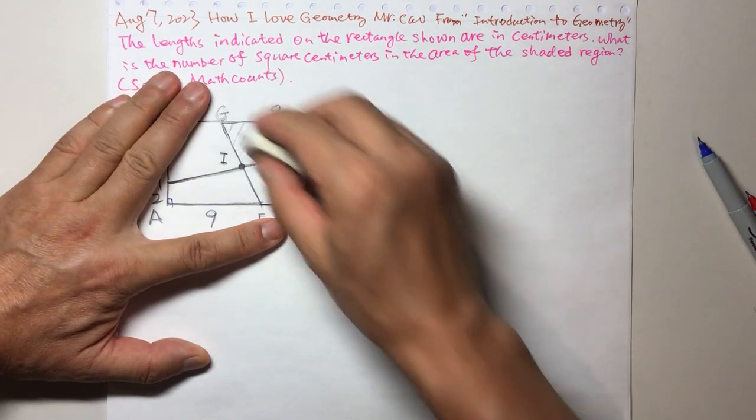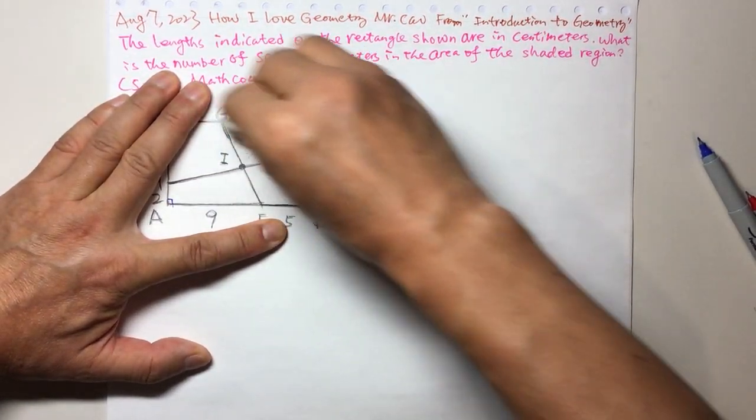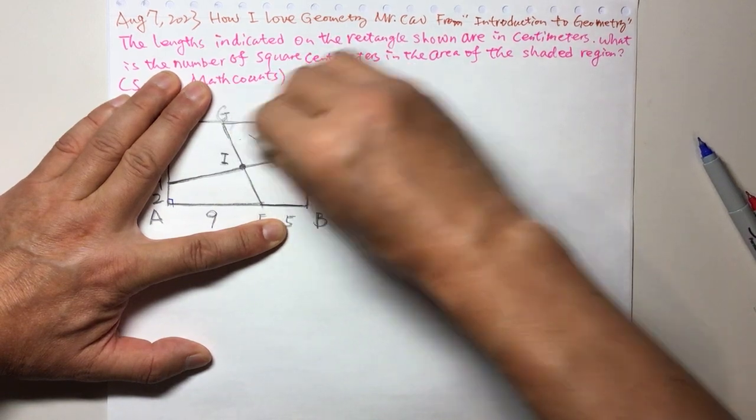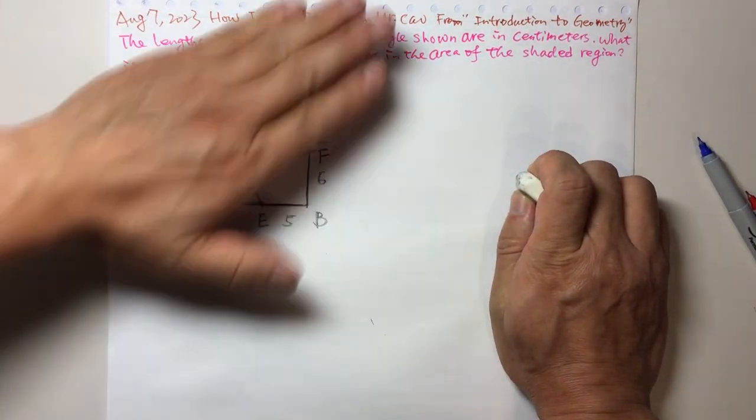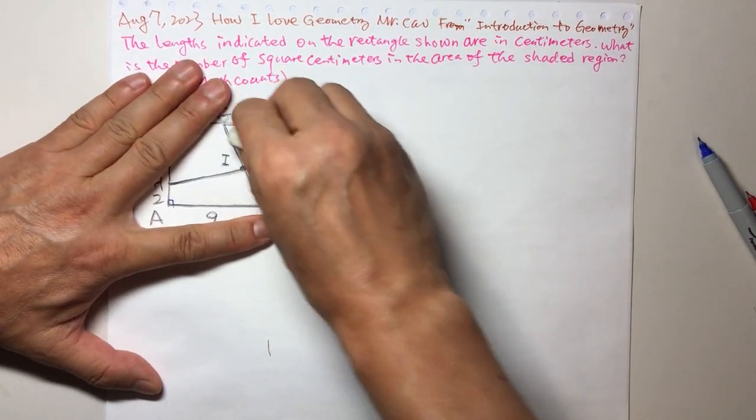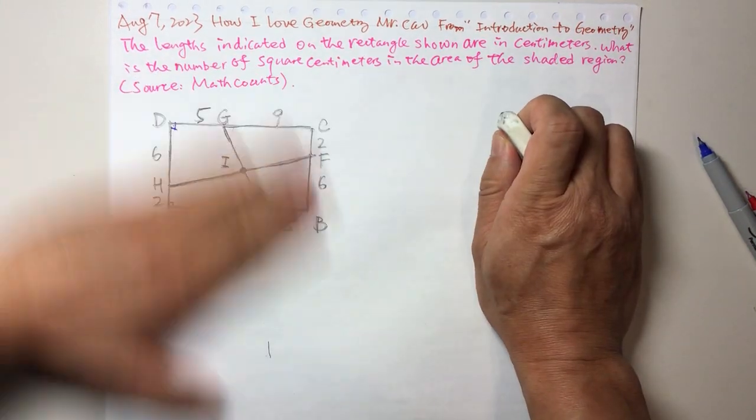So we know to find the area of this part, we just erase this, then we will find the area of this one.